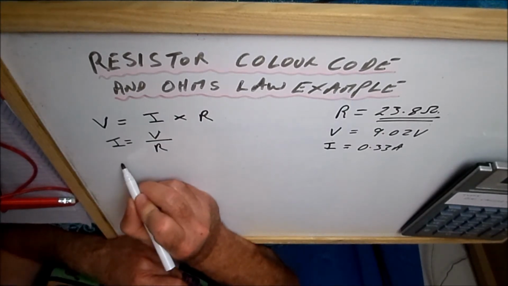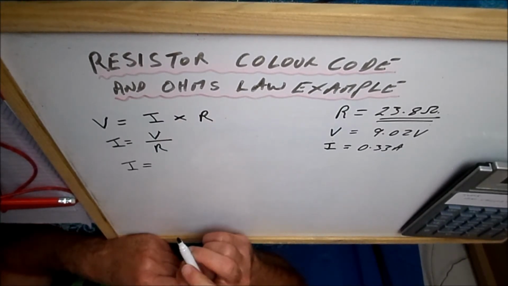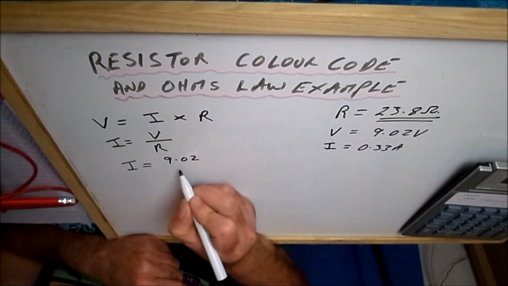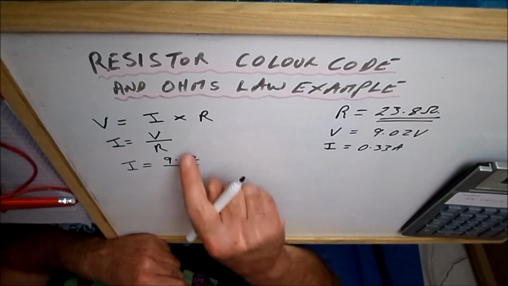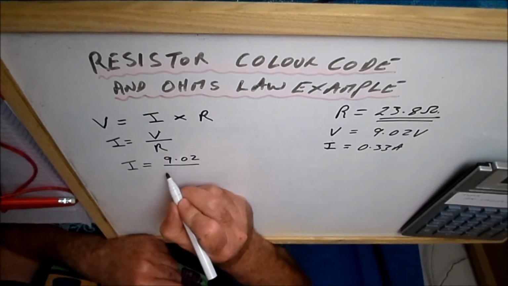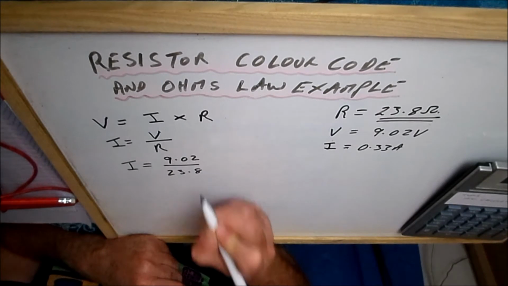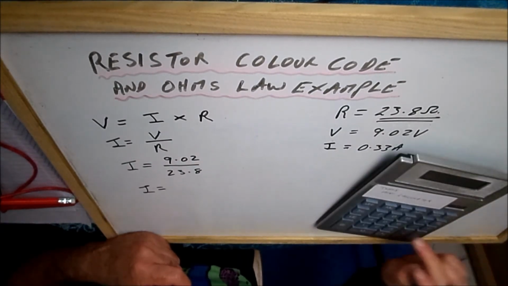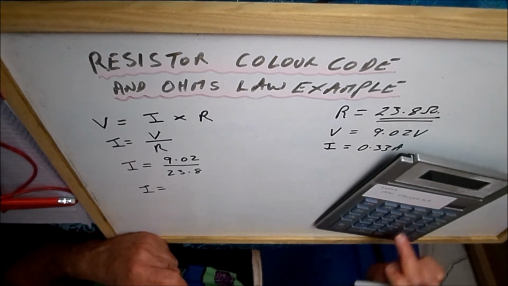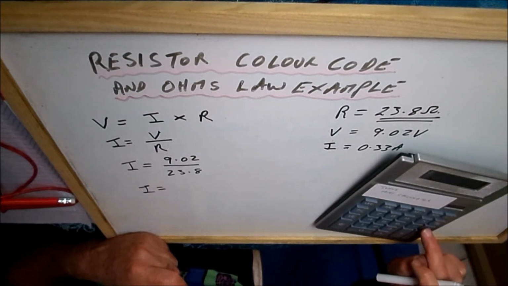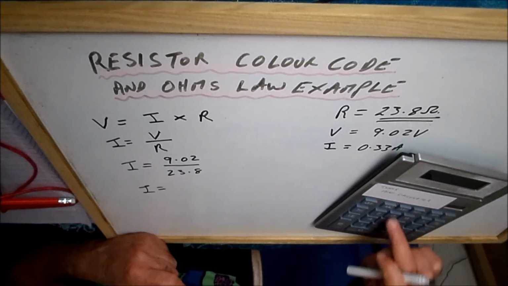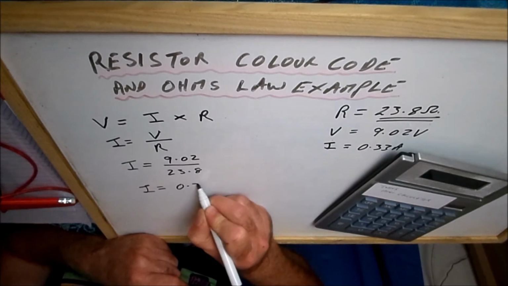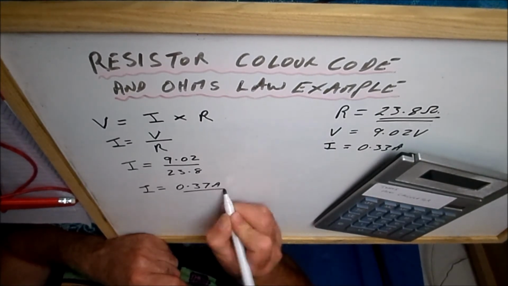And if we pop the figures into our little equation, I is going to equal 9.02 divided by the resistance value, which is 23.8. So we'll input those numbers into the calculator, and we'll say 9.02 divided by 23.8, and that will equal 0.37 amps.